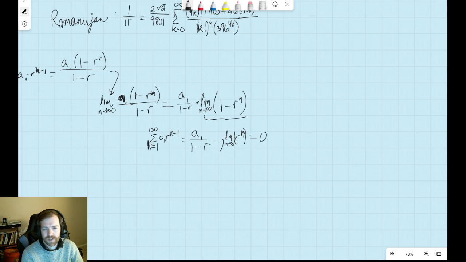Otherwise, this whole thing just doesn't work. You try to do it any other way, and it's going to blow up to infinity. If your r value is 1, it's boring, and this whole thing's 0, which obviously does not make any sense, because with r being 1 you should get an infinite sum of a constant, an infinite number of a1s.